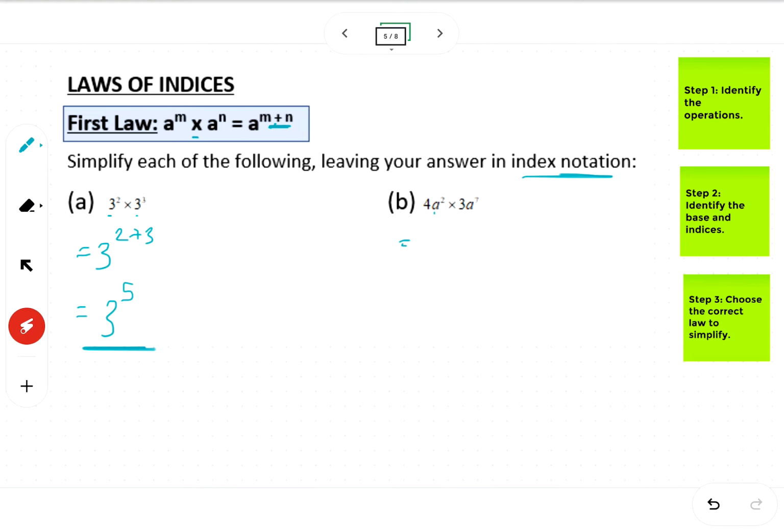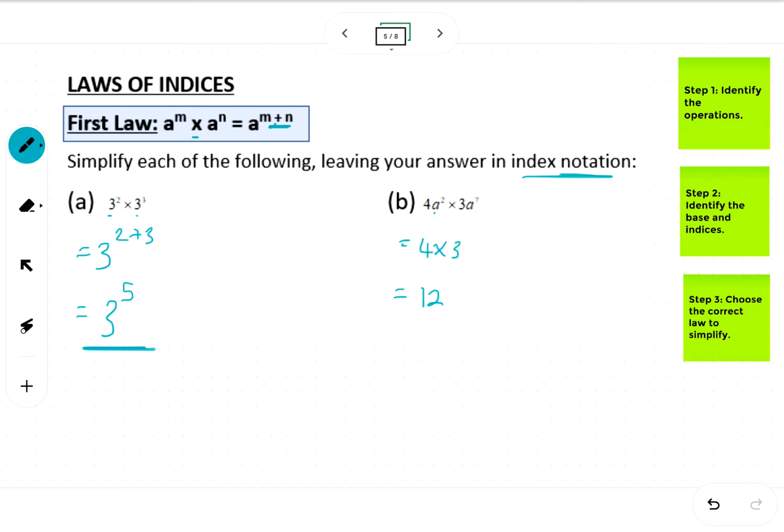Now here you see there are numbers and there are also unknowns or variables. If you remember from our algebra, if you see numbers and letters or unknowns, you have to multiply numbers with numbers and unknowns with unknowns. So now let's settle the numbers first. 4 times 3, that's 12.